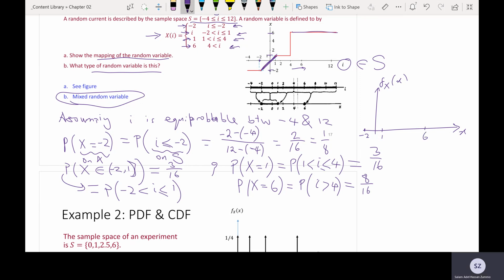And in between, at minus 2, it's an impulse. How much is it equal to? 1 over 8, the probability that x equals minus 2. Now the discrete value x equal 1: what is the probability? 3 over 16.